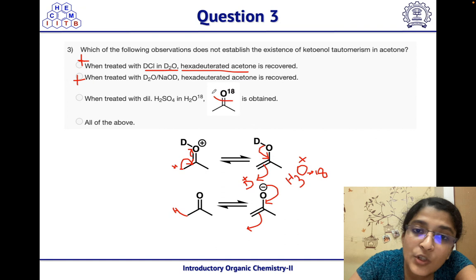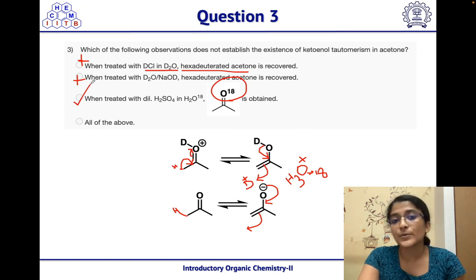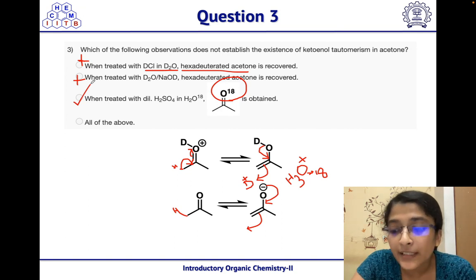So there is no chance for substitution of the oxygen of this acetone with the O18 isotope. So this option does not establish the existence of keto-enol tautomerism in acetone. This will be the right answer for this question. Is this clear?